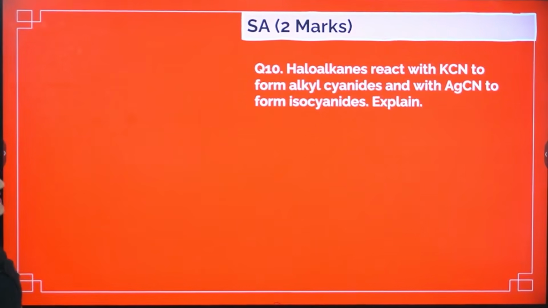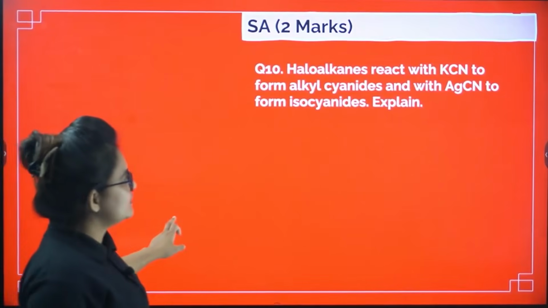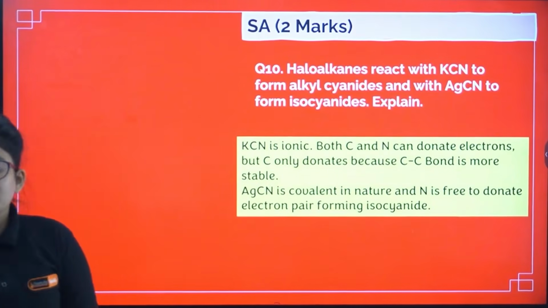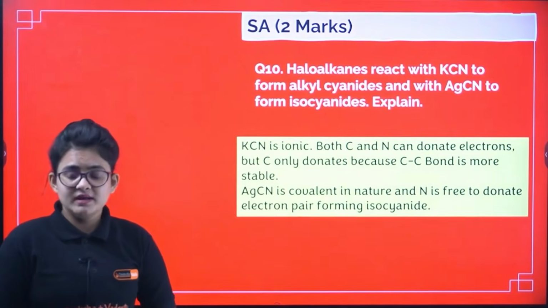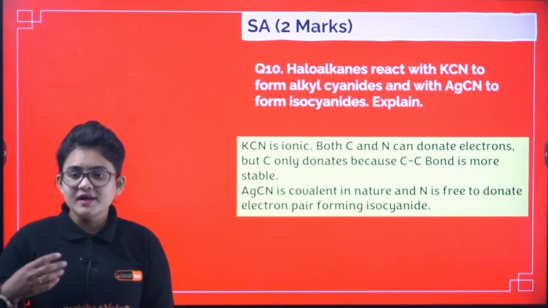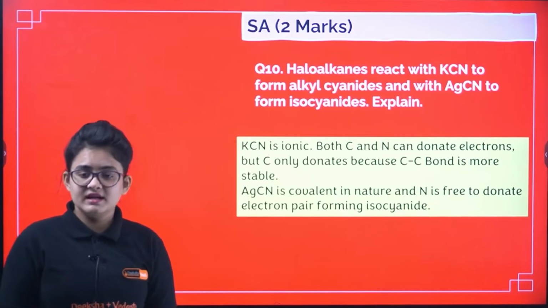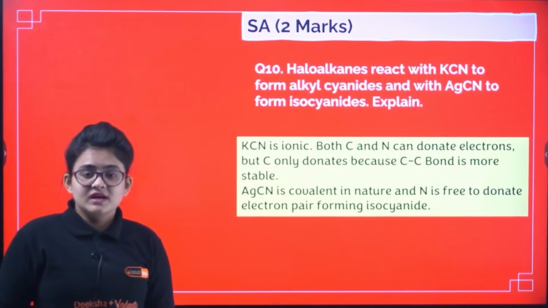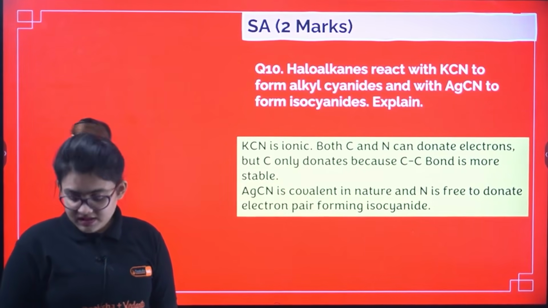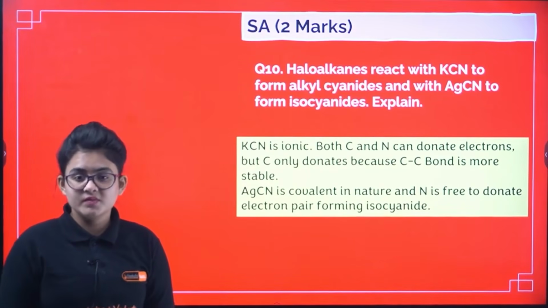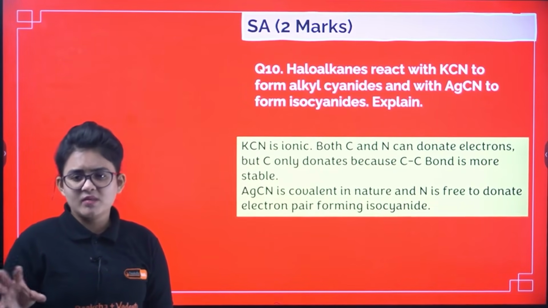Okay, let's proceed. Haloalkanes react with KCN to form alkyl cyanide and with AgCN to form isocyanide. So whenever KCN is mixed in water, it ionizes to give you K plus and CN minus, meaning ionic bonds are there. But whenever it's mixed with AgCN, then between silver and carbon there exists a covalent bond, and a little bit of back bond character.